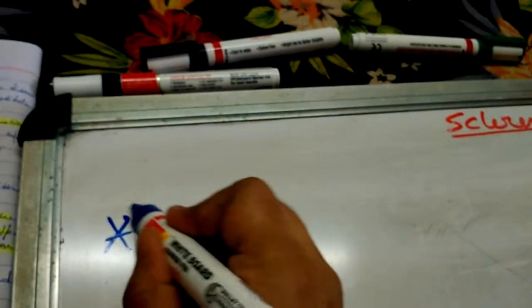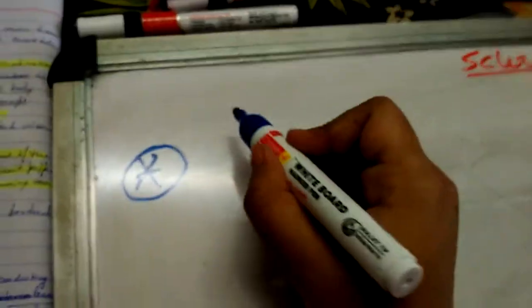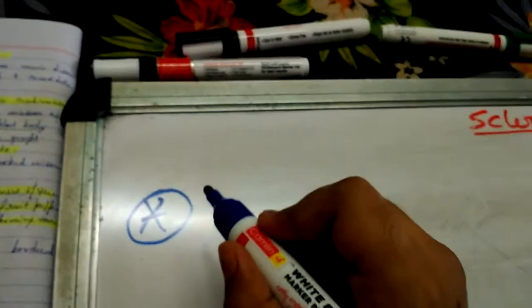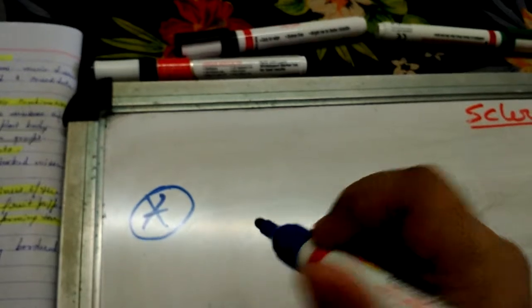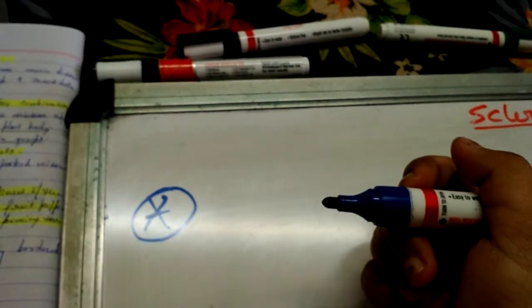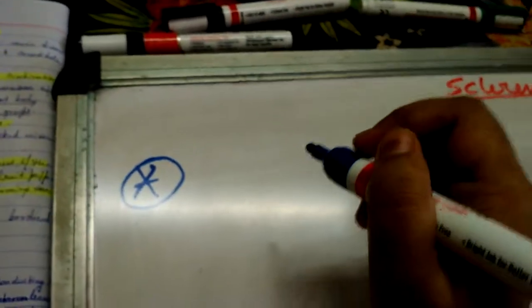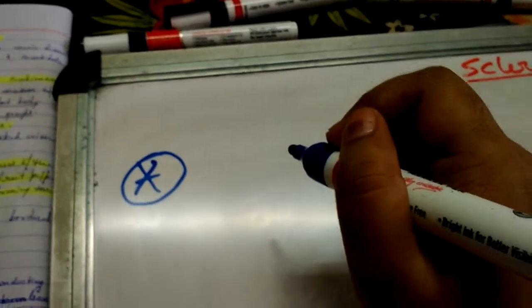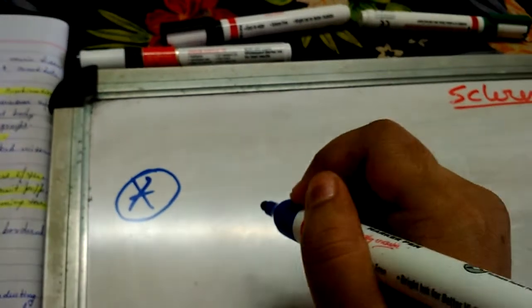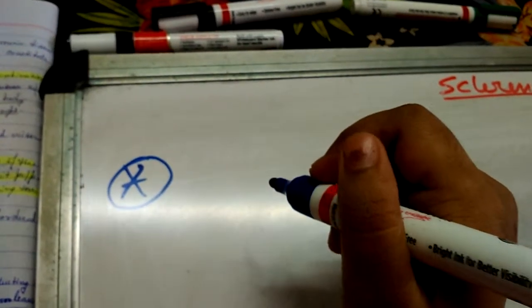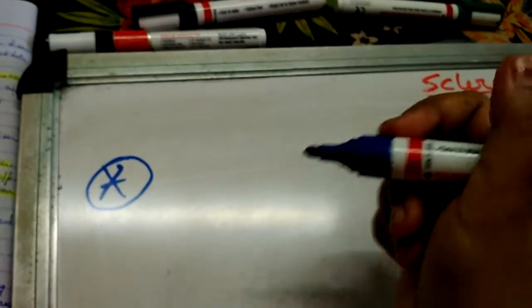Now this is a very important point regarding sclerids. If you observe guava or any other fruits like sapota, which is also known as chikku in Hindi, these fruits have some kind of grittiness.